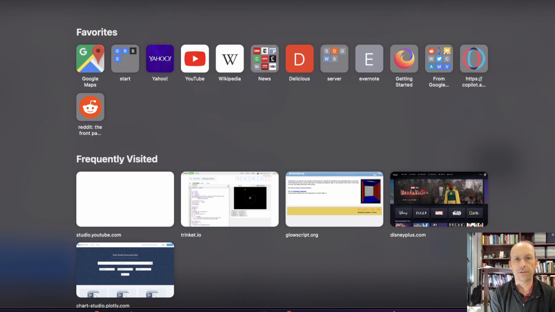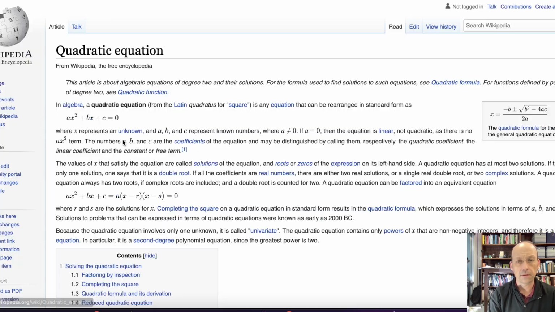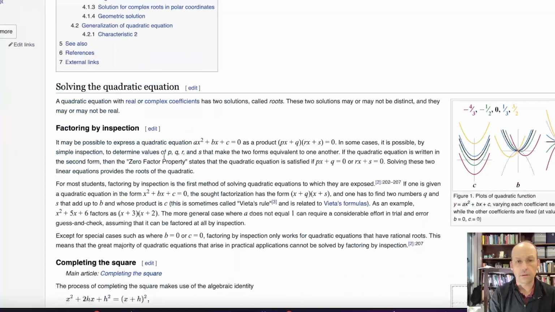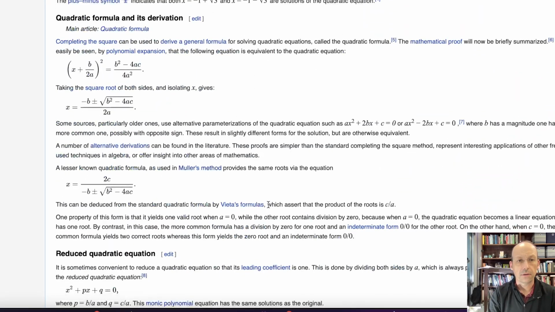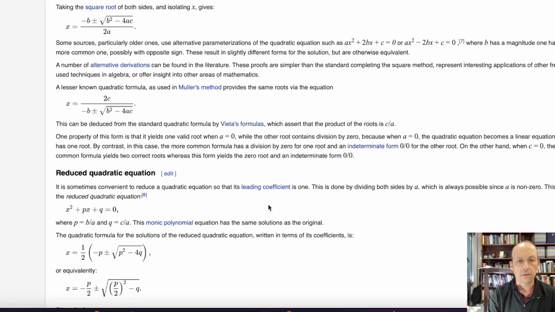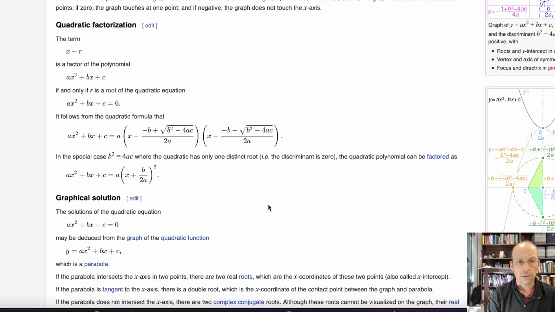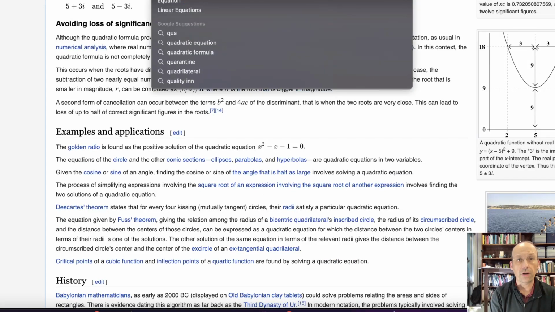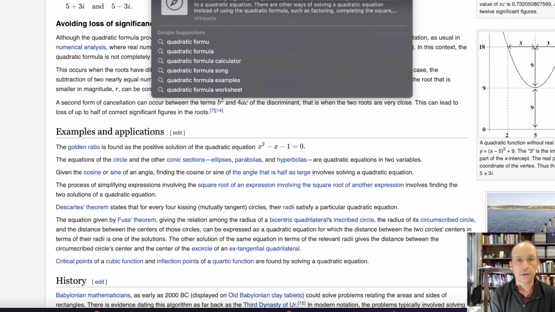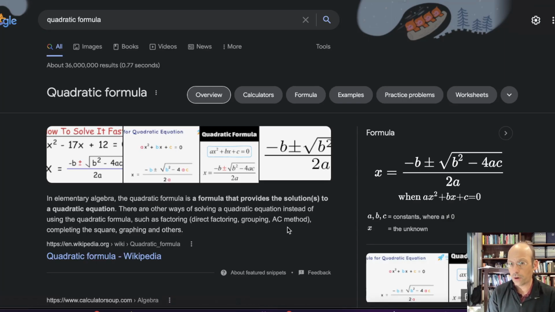I must have a minus sign in there wrong. I feel dumb looking this up, but sometimes you just forget things. Quadratic formula, that's what it's called. Negative b plus or minus square root of b squared minus 4ac. What the heck did I do wrong?